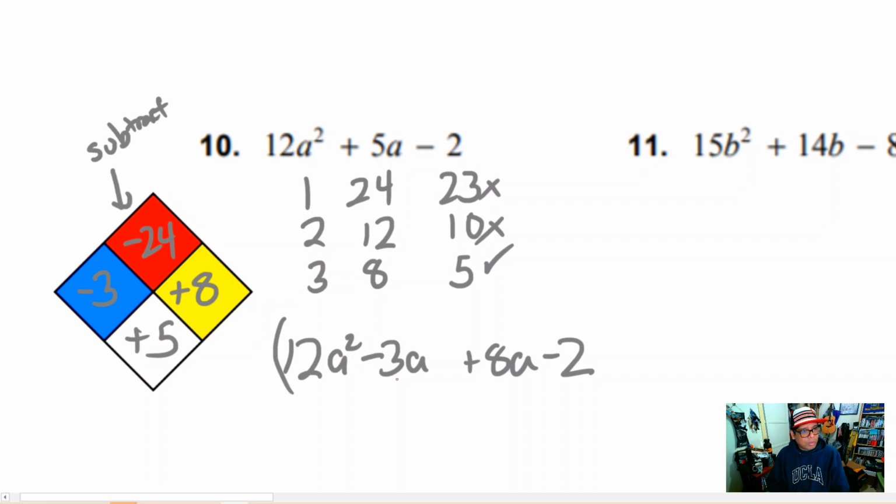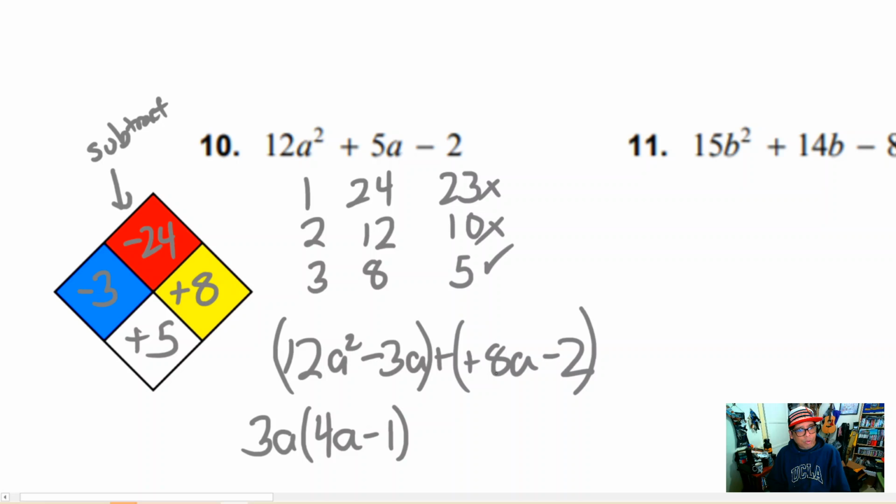Let's group these two, put a plus sign, and then group the second two. Let's take a look at the first grouping. I can factor an a, but I can also factor out a 3, because 12 divided by 3 is 4a, and then 3 divided by 3 is a 1.